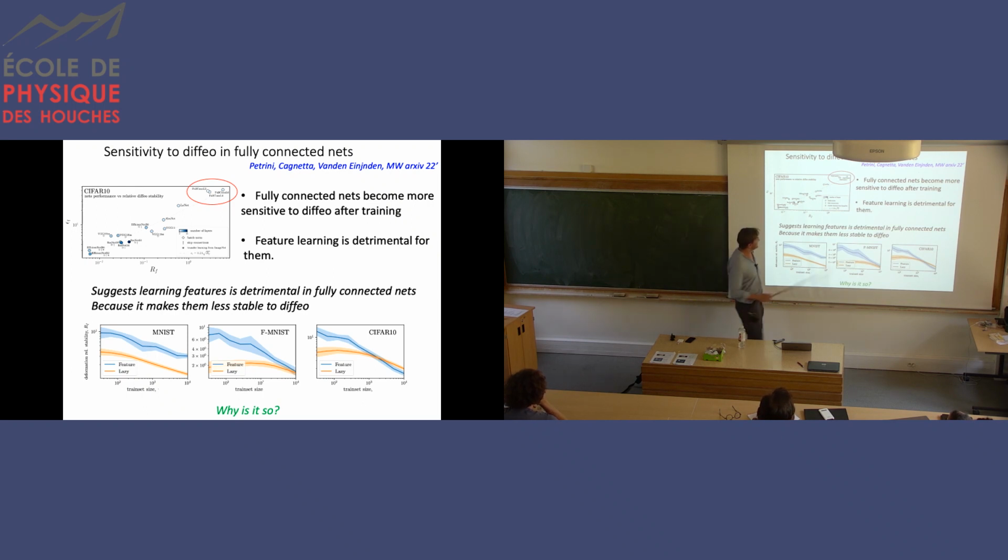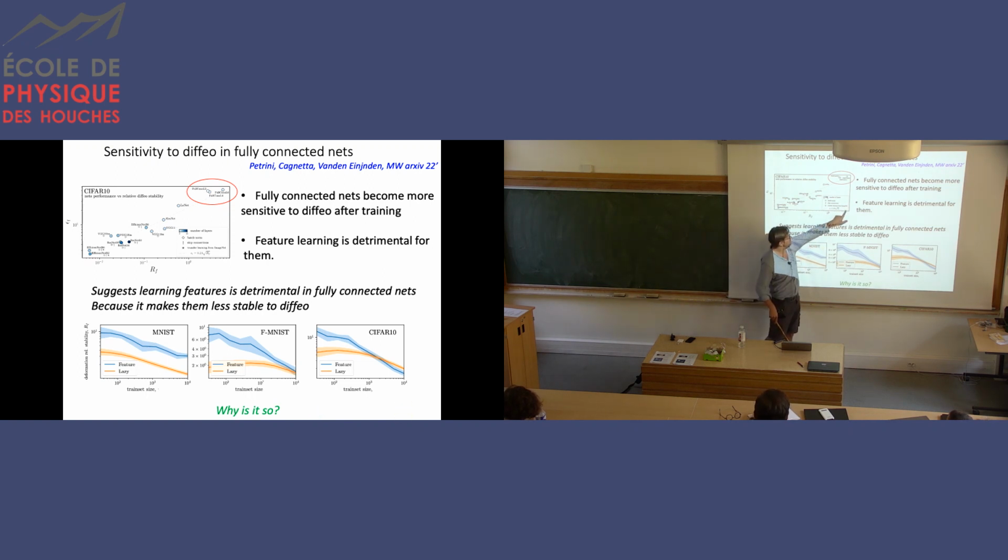And here is a plausible explanation. Those fully connected nets are precisely those that, as you train them, become less stable to diffeomorphisms. They become more sensitive to diffeomorphisms, actually.